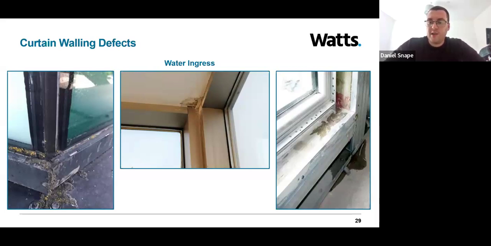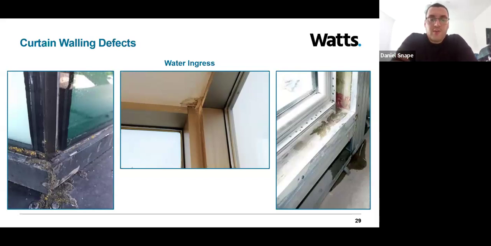Coming back to maintenance, it's really important that these systems are inspected and maintenance is undertaken regularly, as that's essential to ensure the ongoing function of the curtain wall system. Failure to carry out maintenance activities such as basic cleaning or replacing damaged components or seals can lead to water penetration.